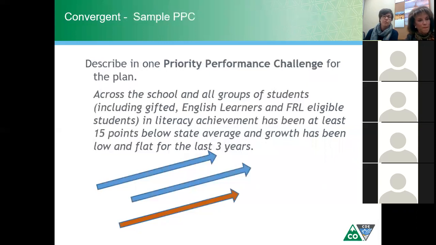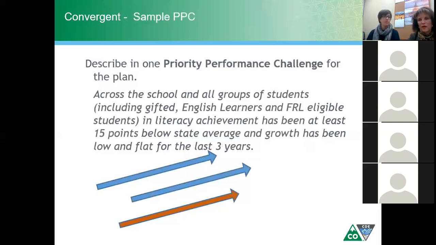Mm-hmm. But what you can see here, one of the critical elements for districts that might be choosing this route, is that the performance need of gifted students as well as those other groups is explicitly called out. So it allows us to really know that the data has been examined and we know that this is in fact the case.